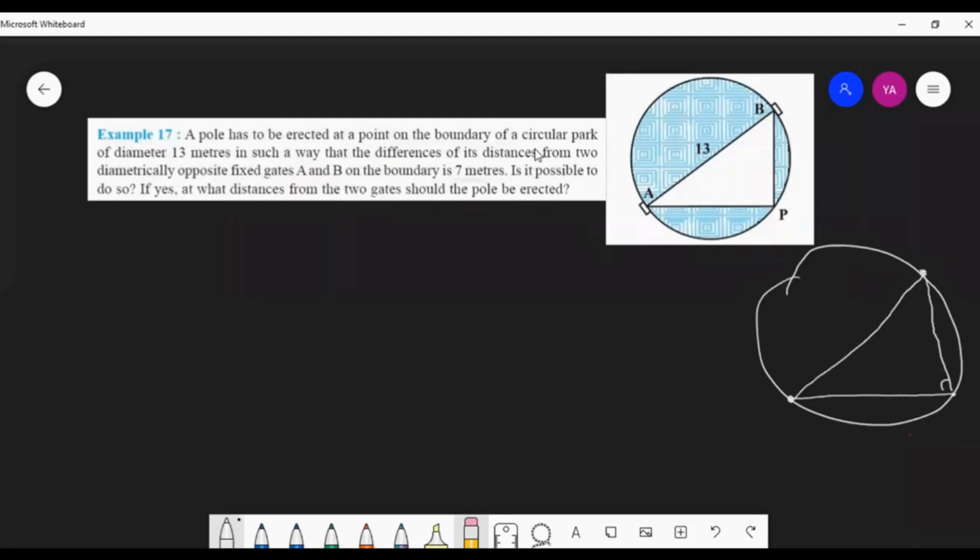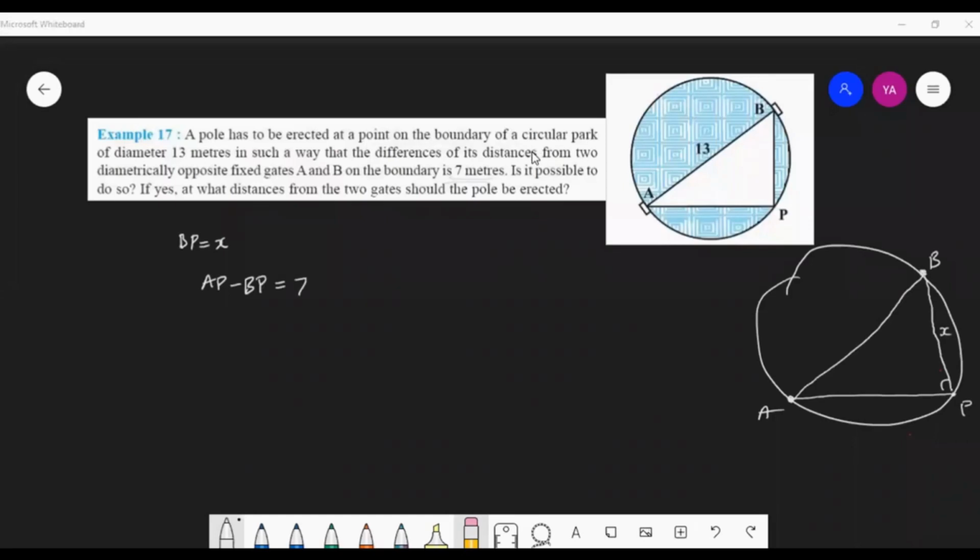So we can give names like this: A, P and B. The difference of these two distances, from A to P and B to P, should be equal to 7 meters. So let BP be equal to X, then AP minus BP must be equal to 7.